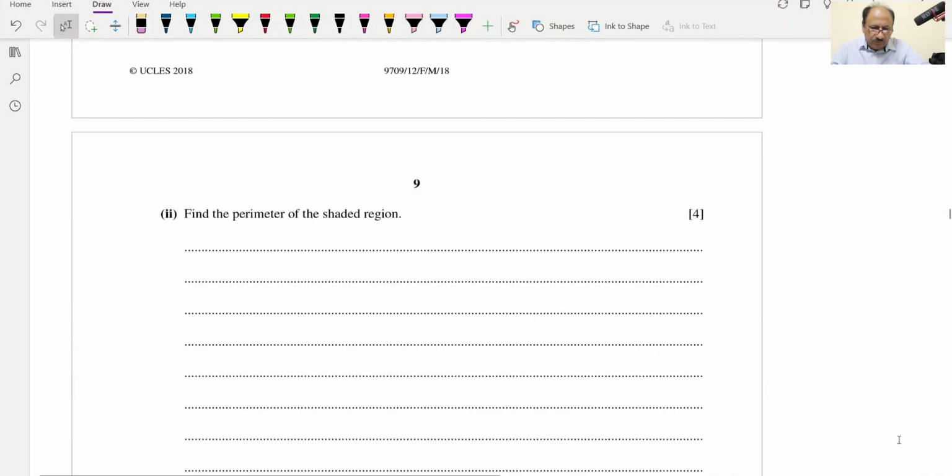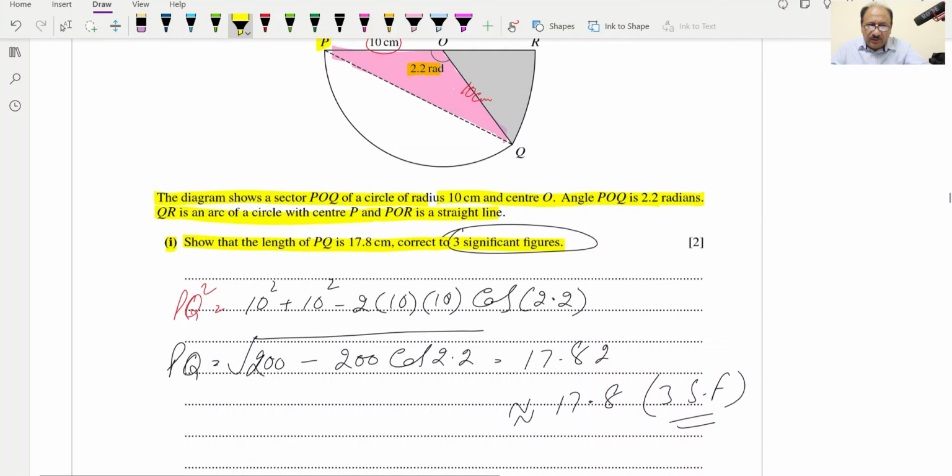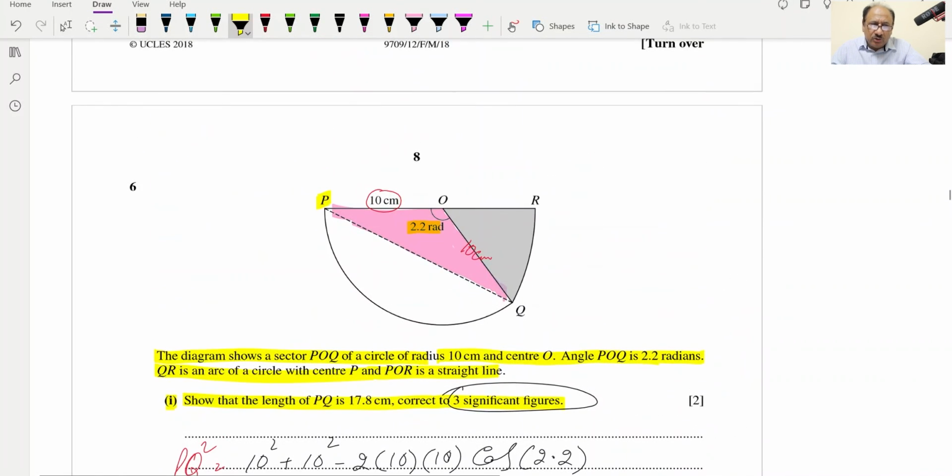Now we can move to the next part. It is saying find the perimeter of the shaded region, which is a 4 mark question. For the perimeter we will be checking the drawing, and the drawing shows this side is 10 centimeters, which is this one.